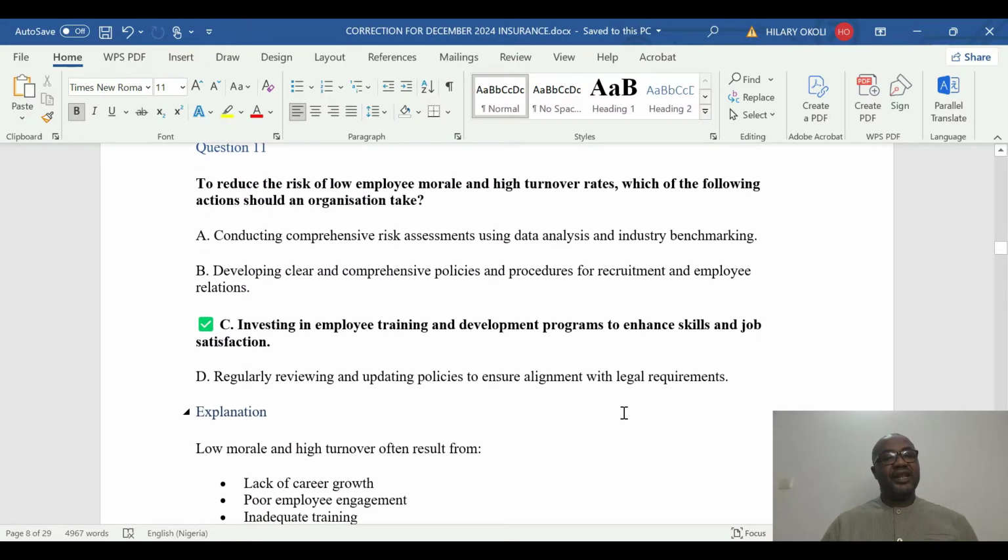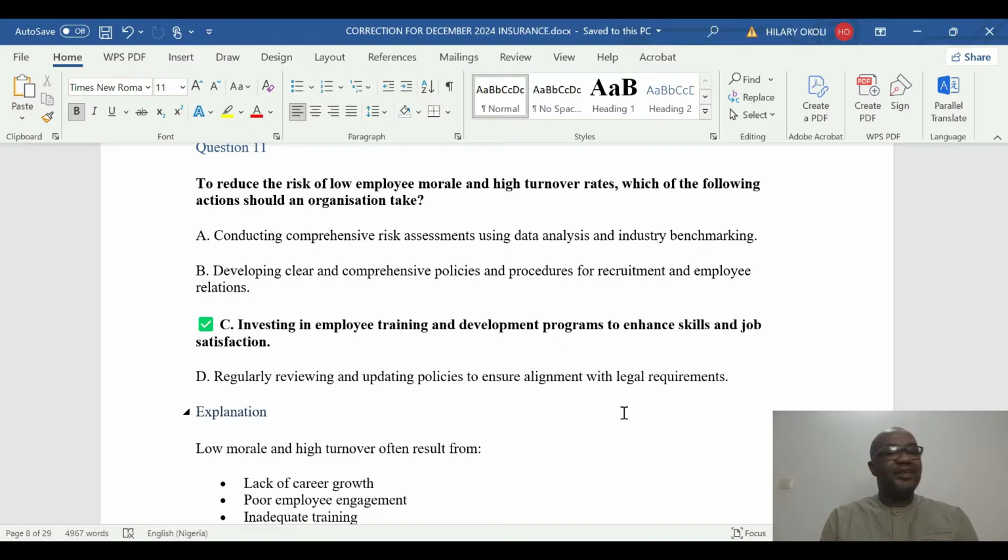We move on to the next question. It says, to reduce the risk of low employee morale and high turnover, which of the following actions should your organization take?